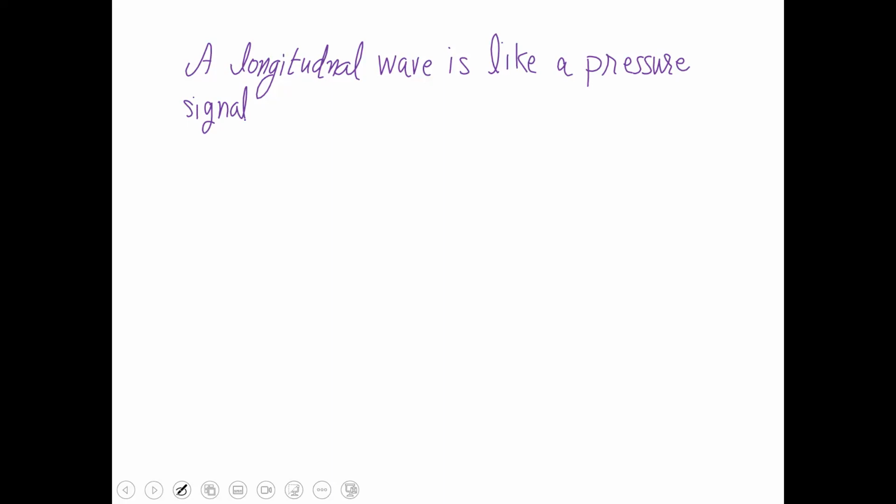That is why if you are fond of listening to loud music, you will notice that some people do not like it and they feel a pressure on their ear, on their head. Actually, longitudinal waves are pressure waves.